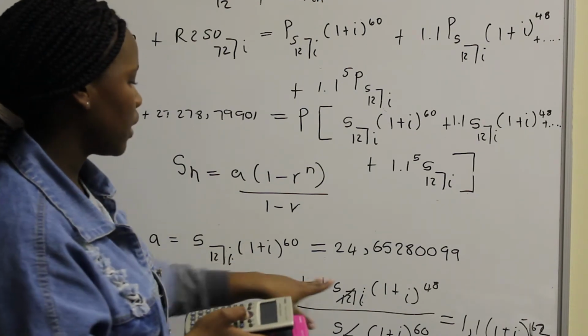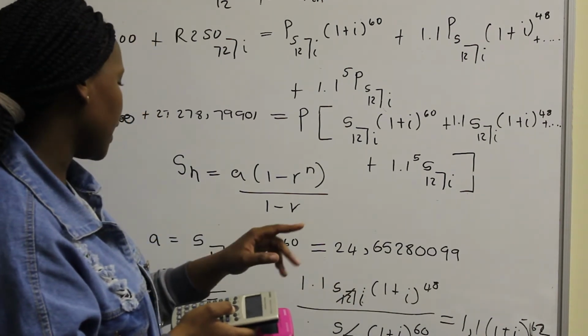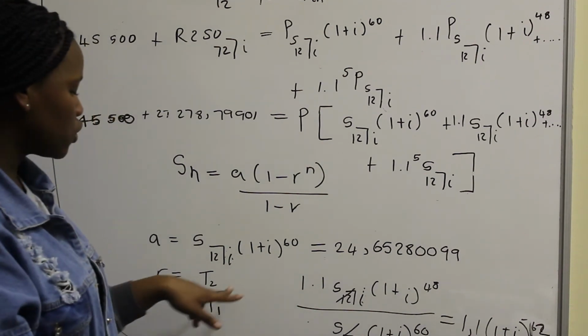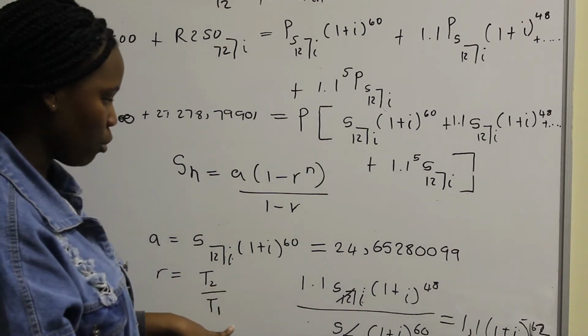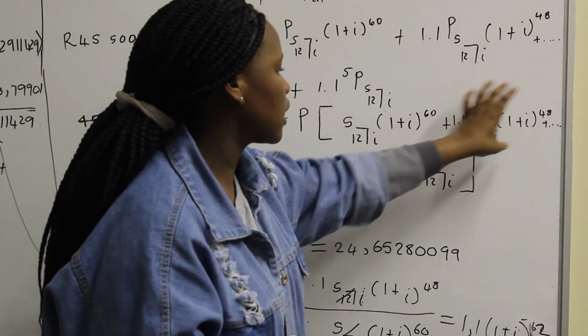You say solve and you get 24.65280099. Our r we got from term 2 over term 1.